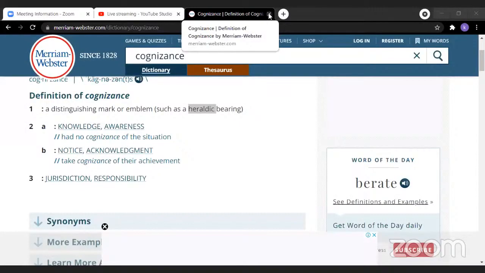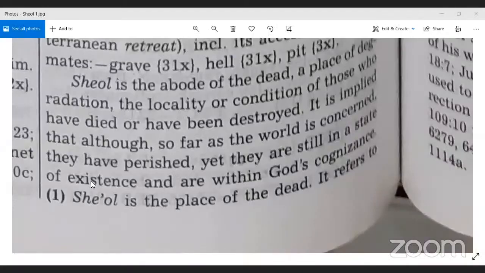Why y'all being quiet? So let's go back to the document. Again, existence means reality. Reality are those things you can experience that are concrete.